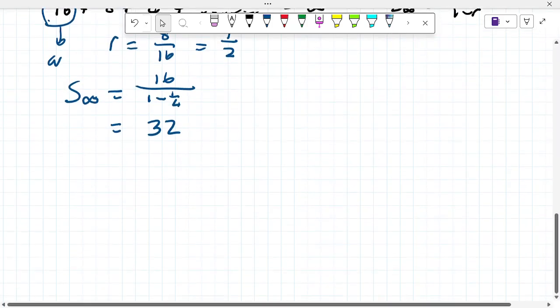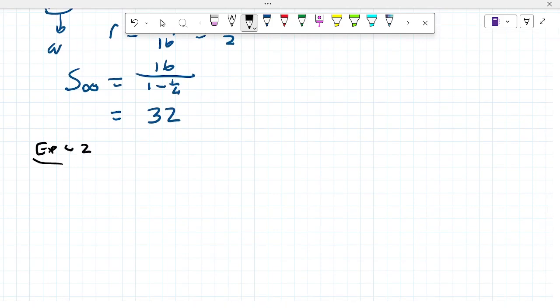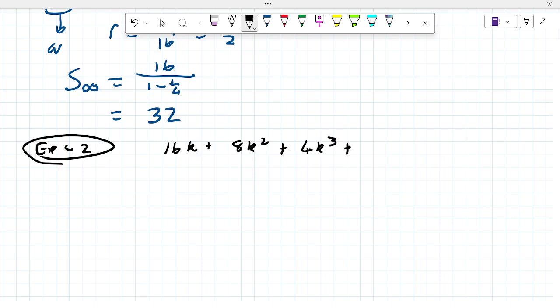Example 2 is saying, look at the series 16K plus 8K squared plus 4K cubed plus, and so on.